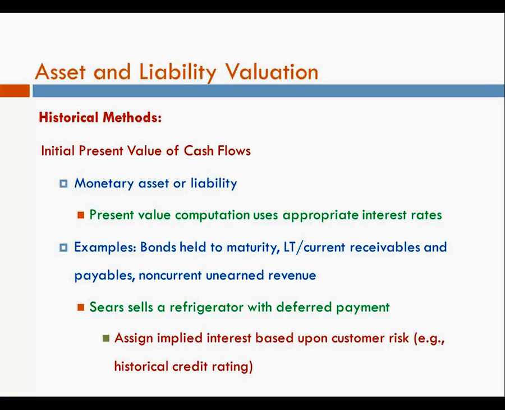In the case of selling refrigerators for future payments, you would just have a general customer risk profile for all your customers when they're making those payments. So that's the initial present value of future cash flows to tell you how much that refrigerator was actually sold for. Questions?